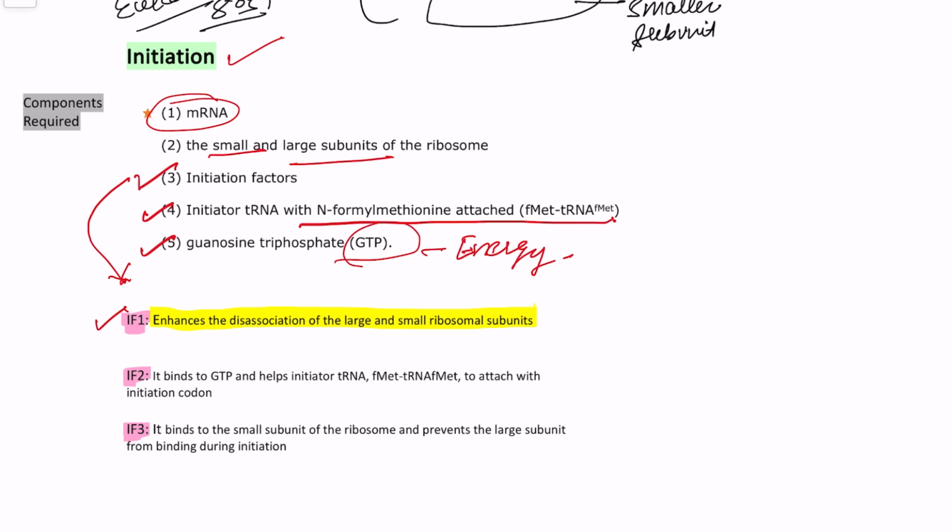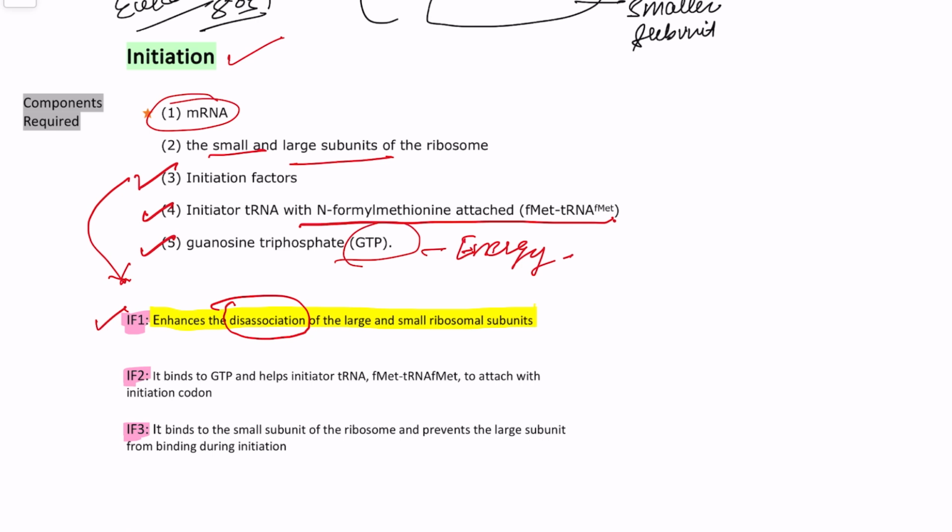Initiation factor 1 enhances the process of dissociation of the large and smaller subunits, right? It ensures that the smaller and larger subunits of the ribosome are dissociated from each other, right?